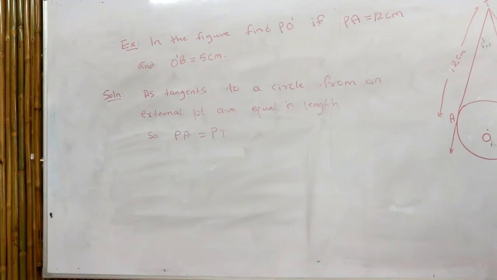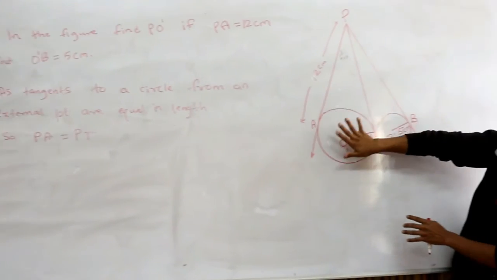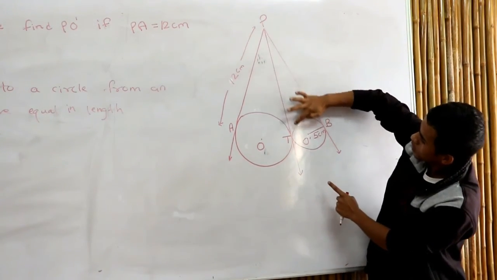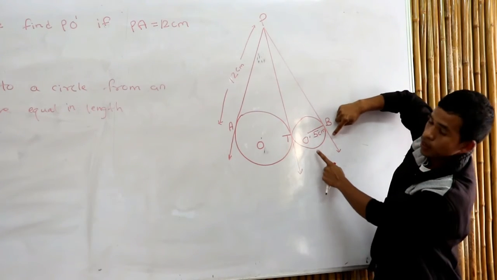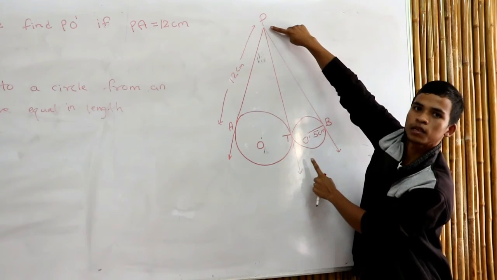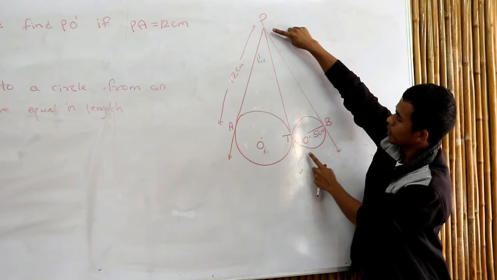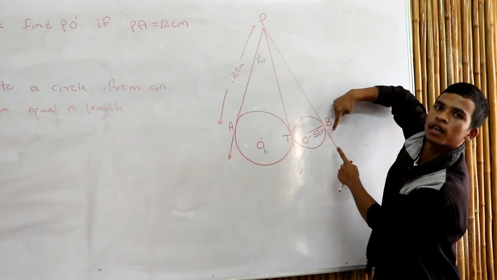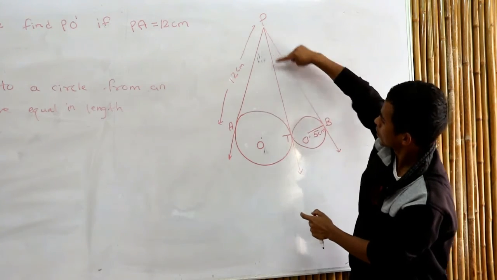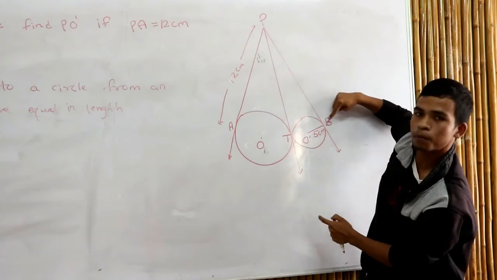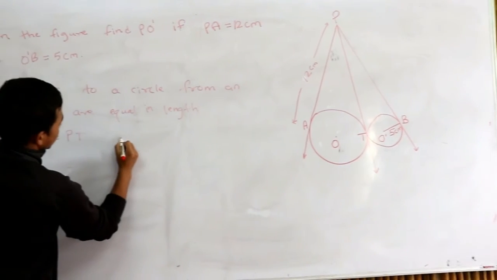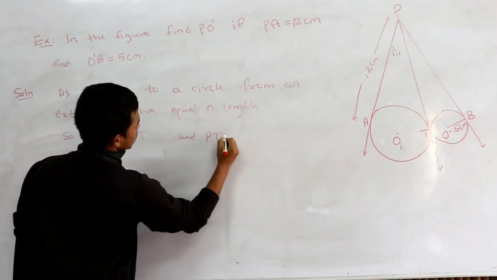And now let us look at this smaller circle. These are tangents to this circle from this same external point. So again, by that theorem, these two tangents will be equal in length. So we have PT is equal to PB.